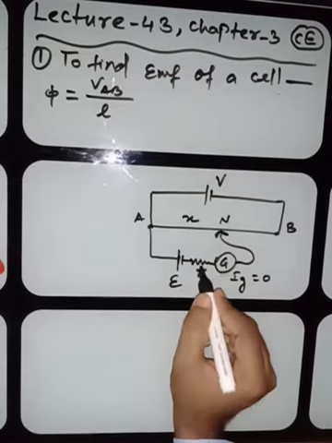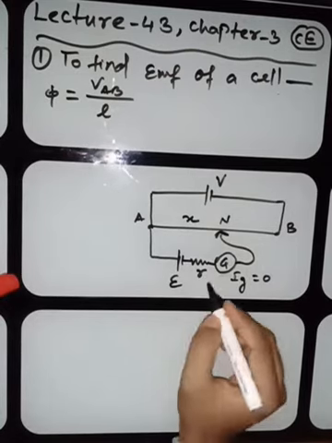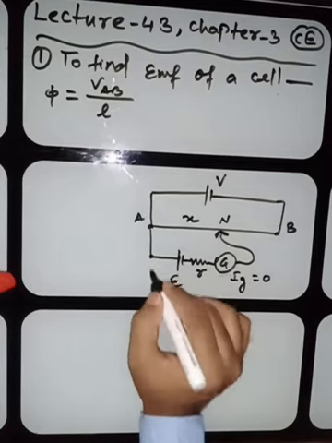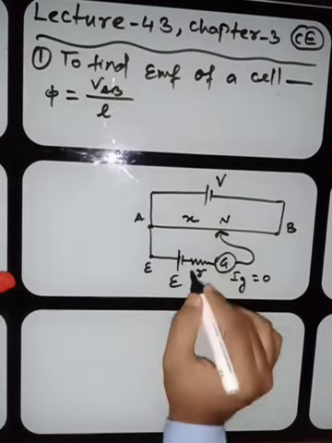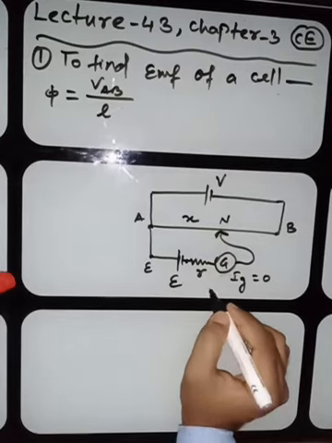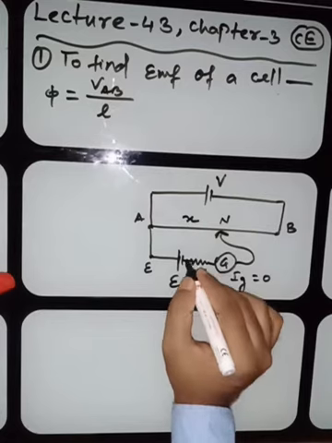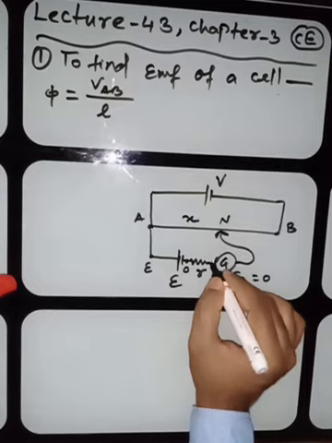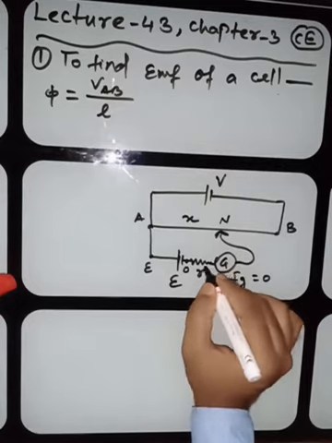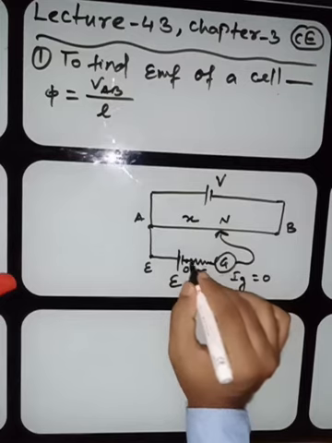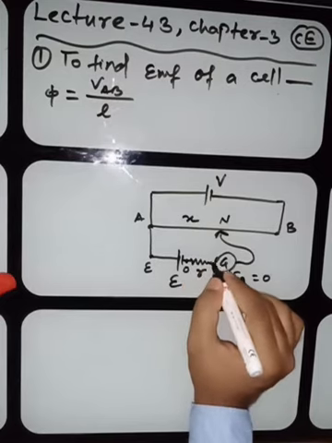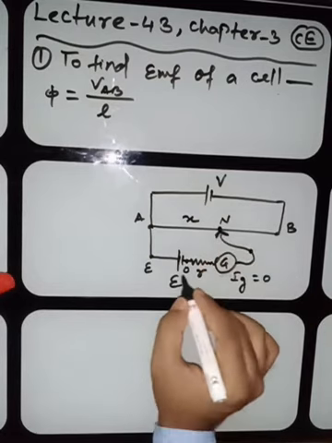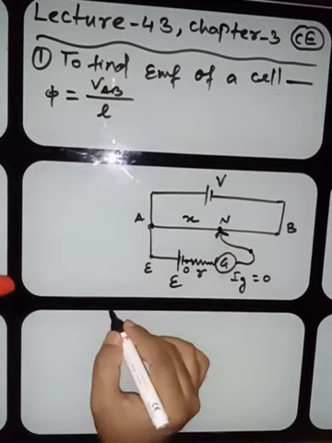If there is no current, then the potential drop will be 0. At this point the potential is E. And at this point, the potential is 0. So what will the potential be over here? This is also 0, na? Because potential doesn't drop over the internal resistance. So it is 0. Potential over here is also 0, and over here also 0. And here E, and here also E.